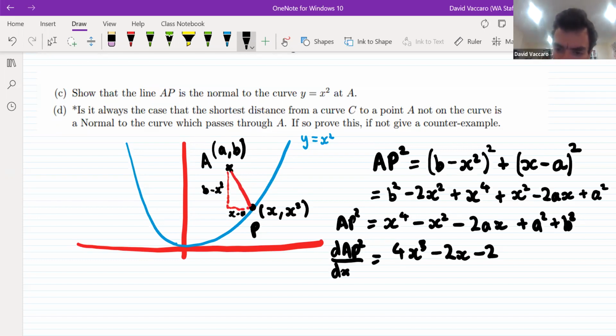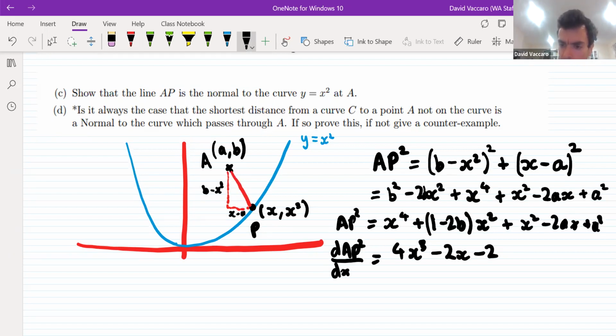Oh yeah, so this is minus 2b x squared. So I get plus (1 minus 2b) x squared, that's the only fix I need to make, plus x squared minus 2ax plus a squared. And then here I get plus 2 (1 minus 2b) x, minus 2a.